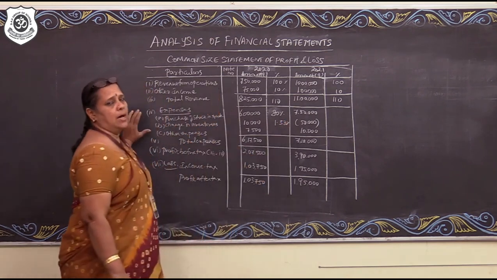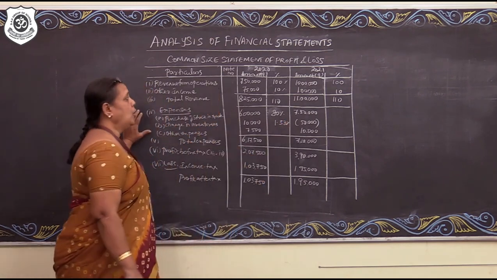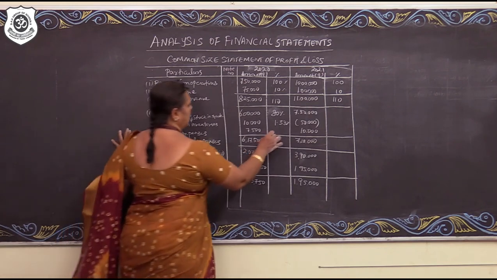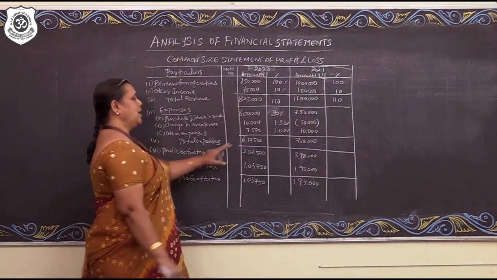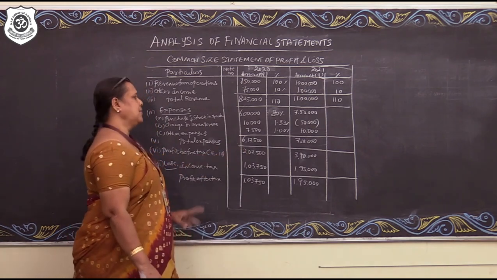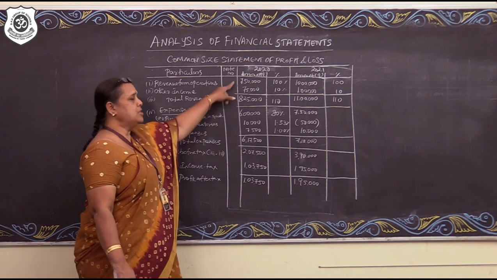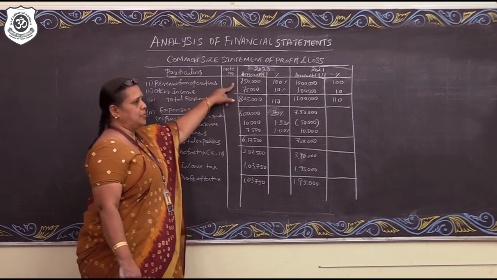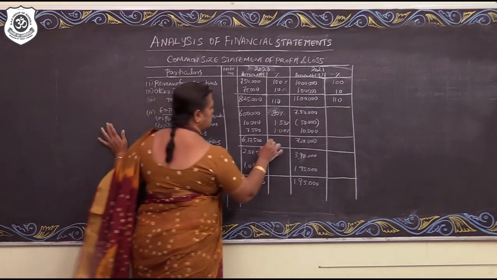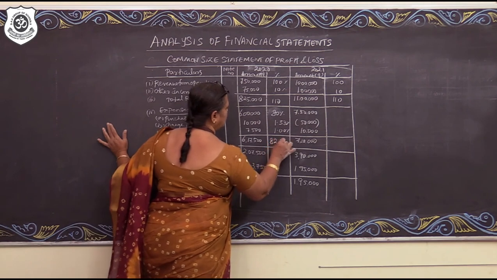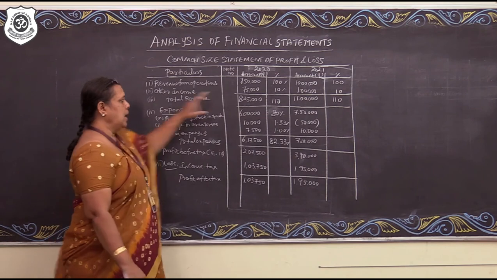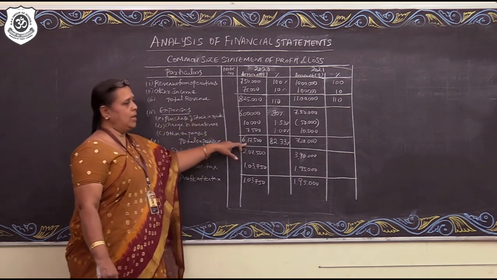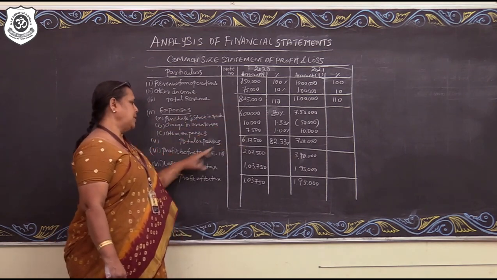Other expenses are 7,500 to 7,50,000 rupees gives you 1%. So the total expenses are 6,17,500, which if we compare with 7,50,000 rupees, this constitutes 82.33%.